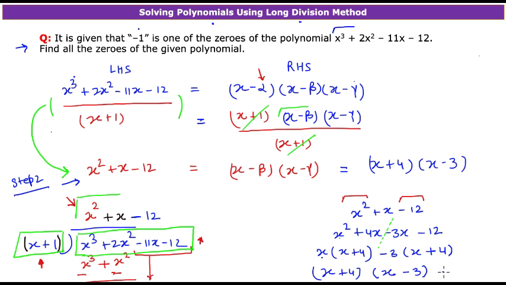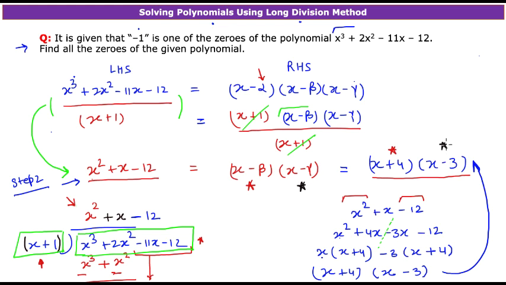I'm simply taking this result and bringing it back here. That means x minus beta is equal to x plus 4 and x minus gamma is equal to x minus 3. And that gives me this final result, that beta will be equal to negative 4. Right? Because it's only when you substitute negative 4 that the negative in front of beta will cancel out with this negative and you get x plus 4, right?